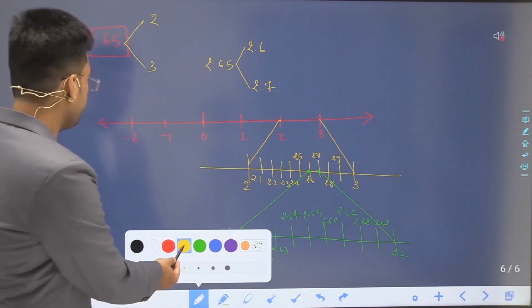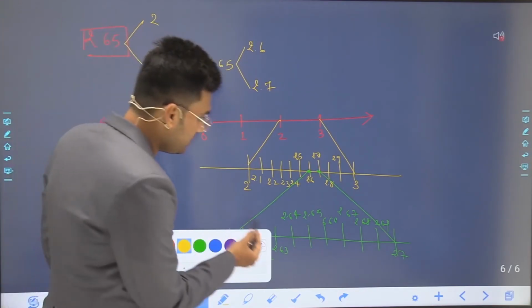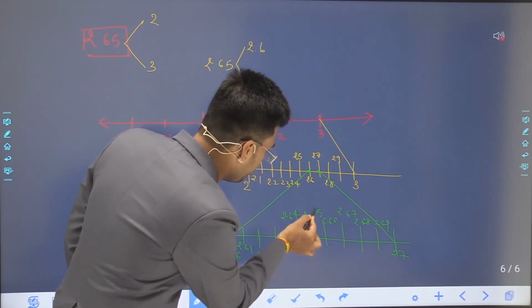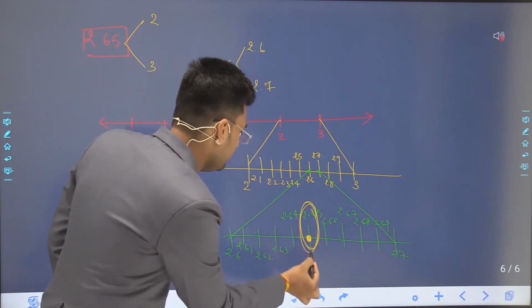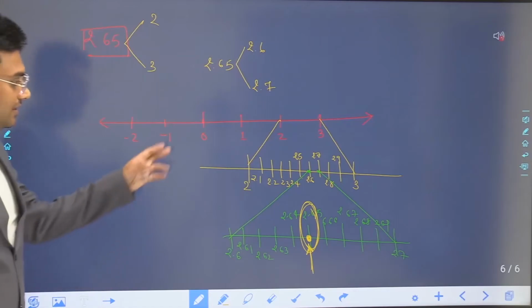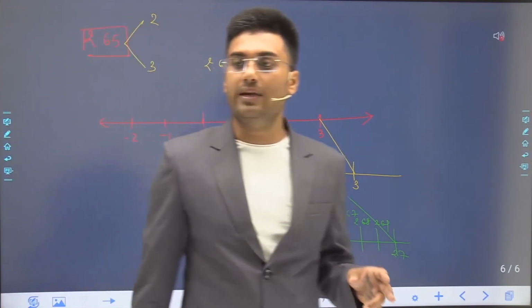We have to represent the number 2.65, that is this point. The number lies on this point. This is 2.65. This process is known as successive magnification.